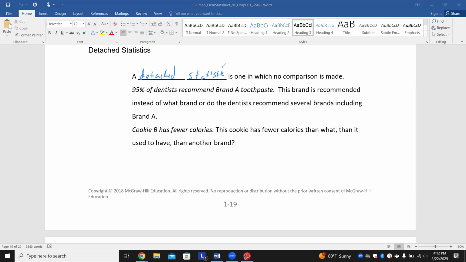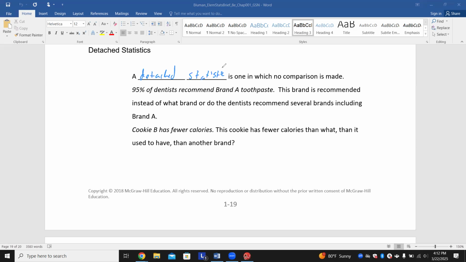So think of this: 95% of dentists recommend that you use Colgate toothpaste. Okay, over what other brands were there to choose from? The options for them could have been Colgate or nothing, right? So a lot of them were like, well, at least use something. The brand is recommended instead of what brand? Or do dentists recommend several brands, including that brand? So there was a disconnect there.